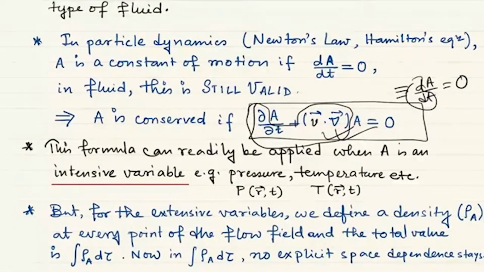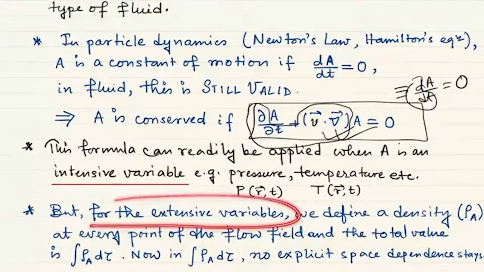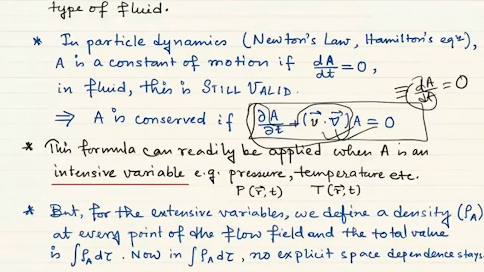When we say that an intensive variable is constant, we are talking about the local values. But when we talk about the constancy of an extensive variable, then we actually talk about the total value of the extensive variable. Then we define a density.